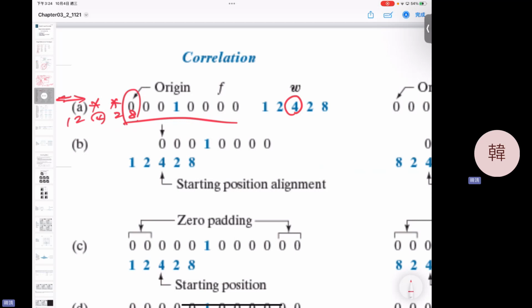There are 3 different ways to handle the border. The first one is don't care. What do I mean? When your center comes here, you can touch this one, but you don't know what's there. Outside of your signal is nothing, so we cannot do anything.